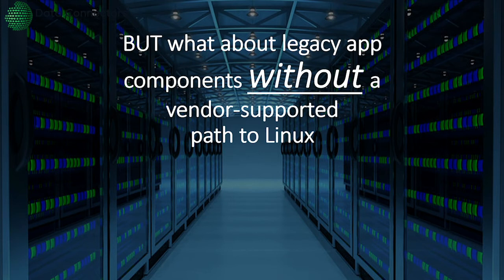So what do we do with the other parts, the other components that we can't migrate directly, that do not have a vendor-supported path to Linux? And that's the fun part that we're here to talk about today.